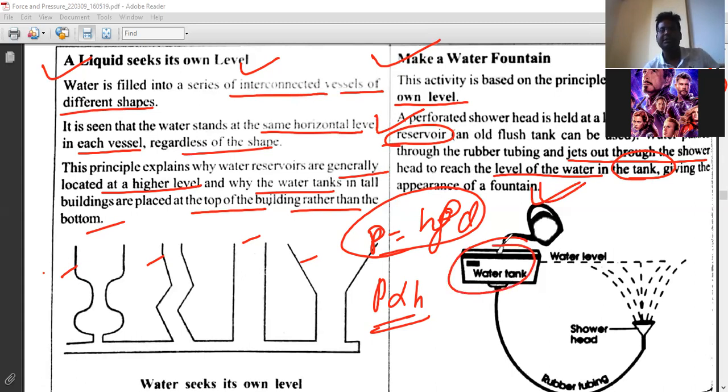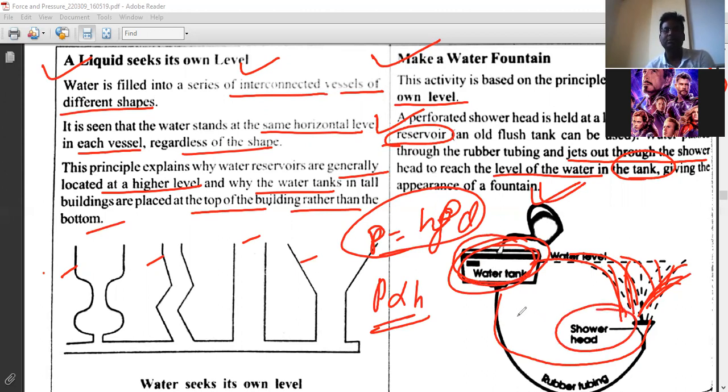So here water is reserved and we are getting a spring of water, right? This is the shower head. In the shower, water is coming like this due to the pressure, because this water tank is kept at a height. Okay, so this is the main property.